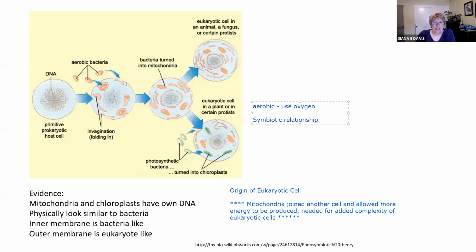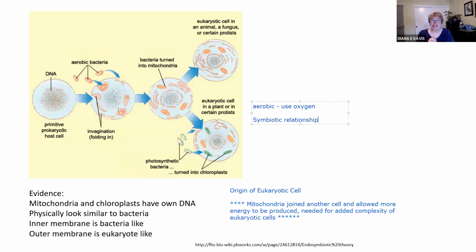And their host cell provides special structures for these bacteria. So it wraps them in a membrane so they're safe and protected. It provides them with nutrition. It protects them from potentially harmful other bacteria or other prokaryotes. And the host cell gets energy.